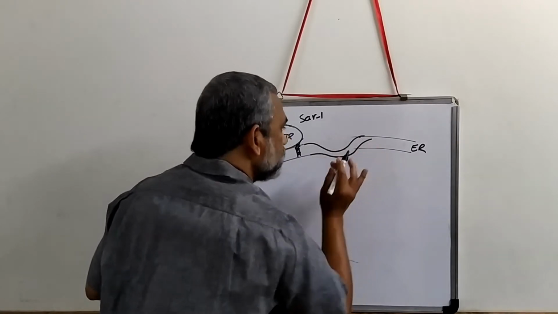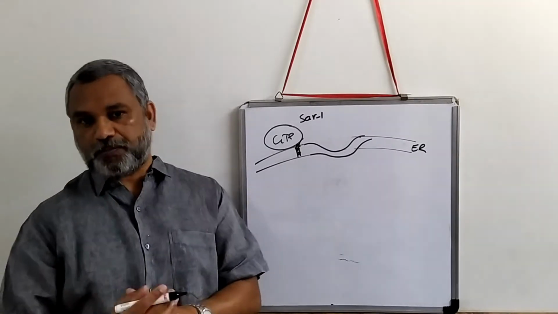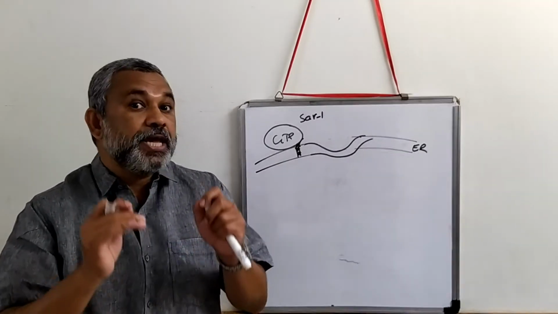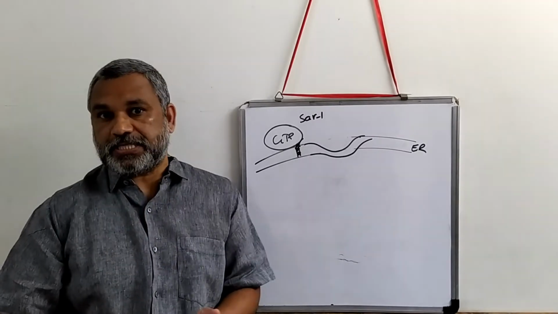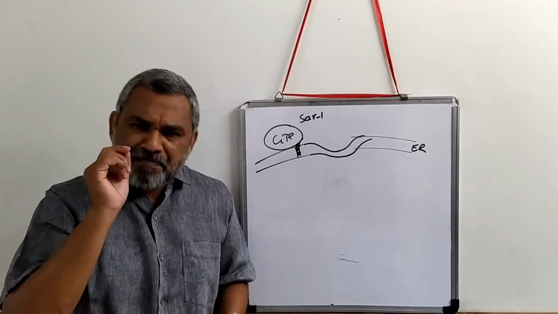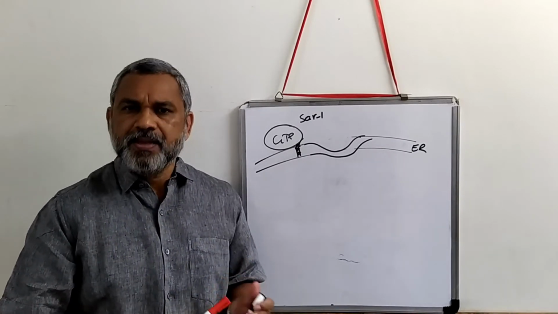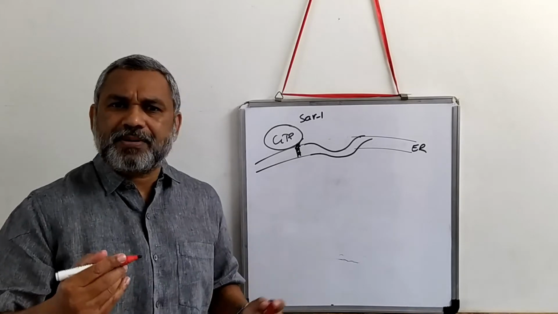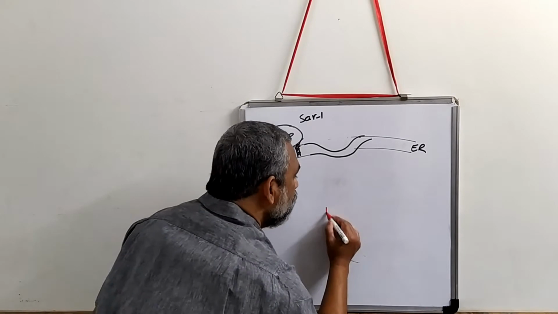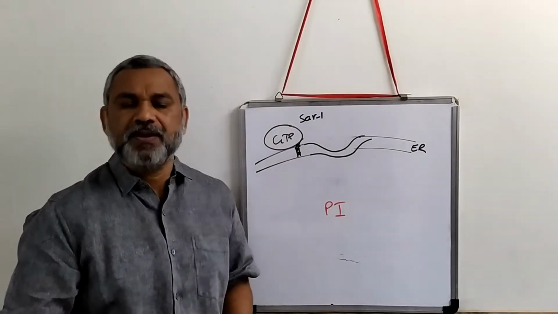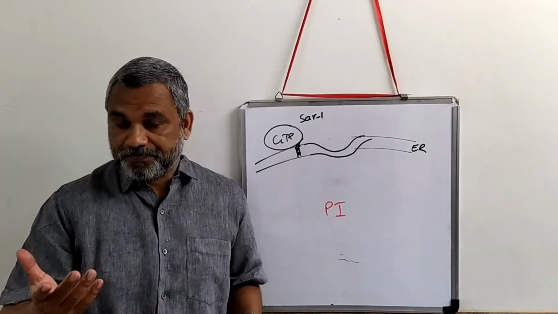Once it initiates the process, now what is going to happen is it has to be coated with the coat proteins. In order to bring them in, we need to look at an interesting aspect about the structure of the membrane. Every membrane, roughly less than 10% of the membrane has phosphatidylinositol. We know that phosphatidylinositol is a phospholipid.